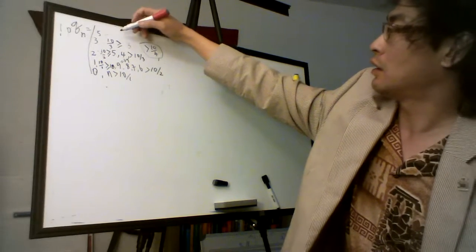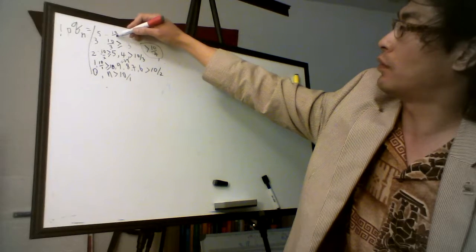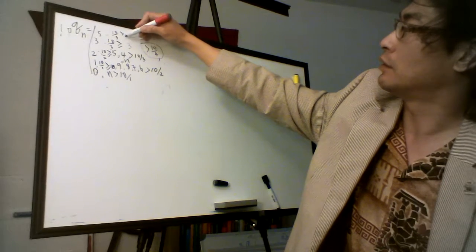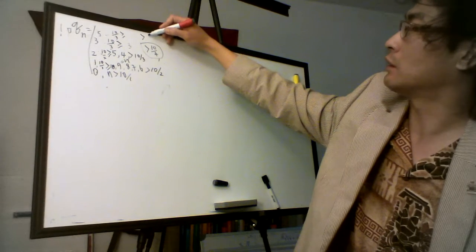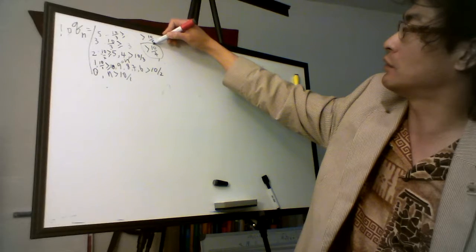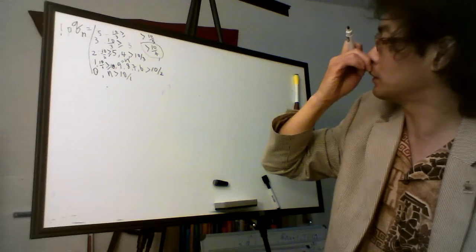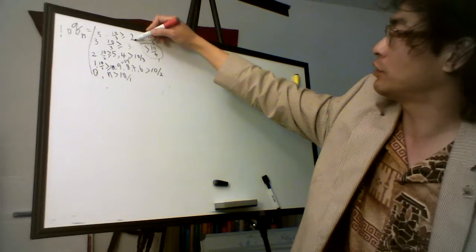So, 10 over 3 less or equal to and more than 10 over 5. This is incorrect because you have 2 here.